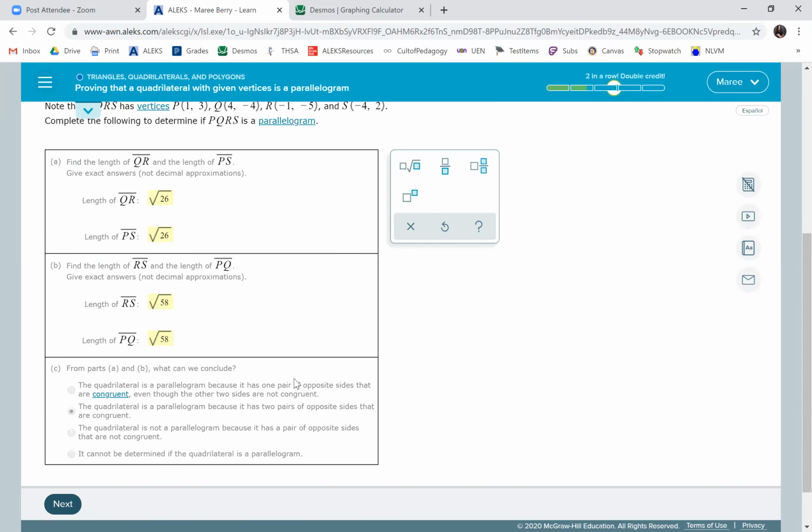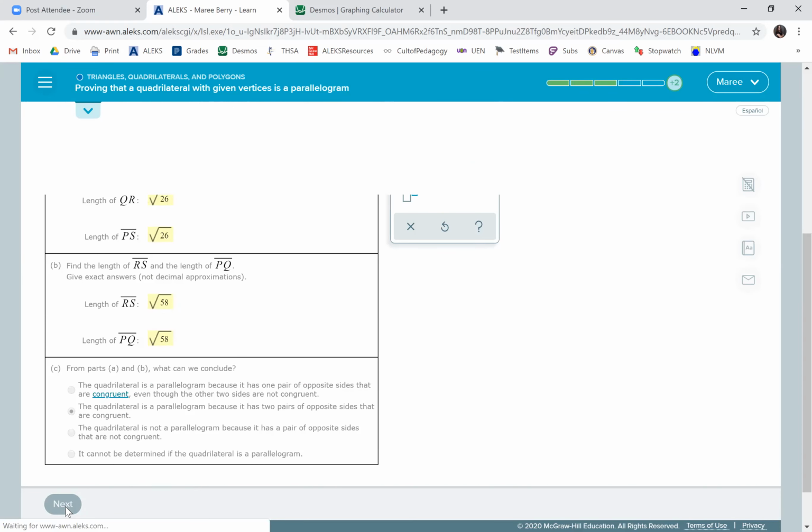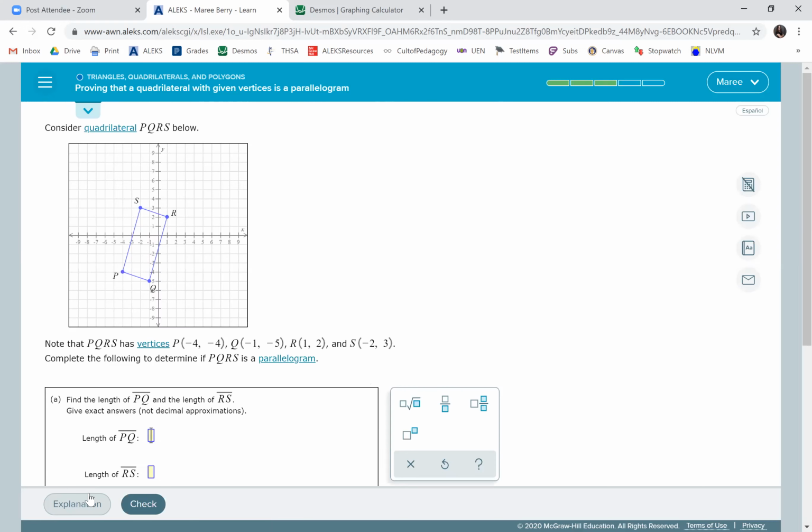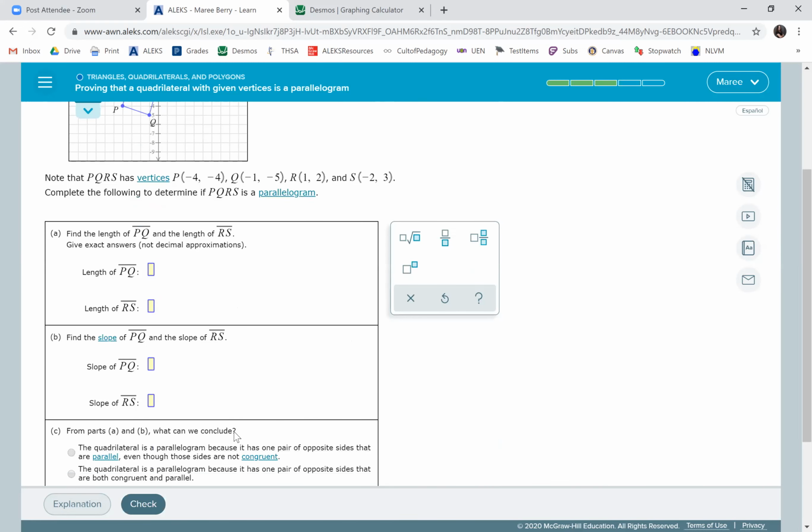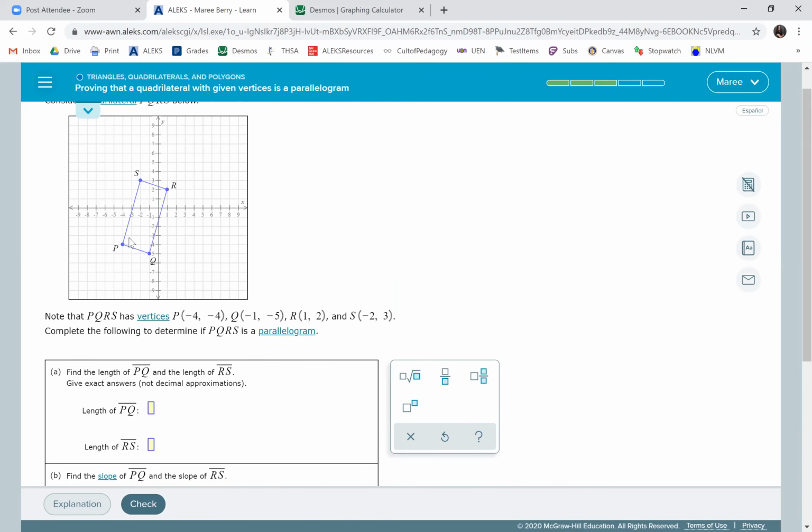So you want to click the one that looks like what you showed in the problem. So we're going to do length, and then we'll do slope of those two. Okay, so P and Q, how long is that? One side is 1 and the other is 1, 2, 3. So square root of 10, because 1 squared is 1 and 3 squared is 9, and you add those together. Then RS is 1, 1, 2, same thing, square root of 10.